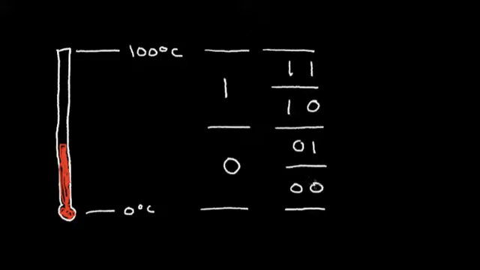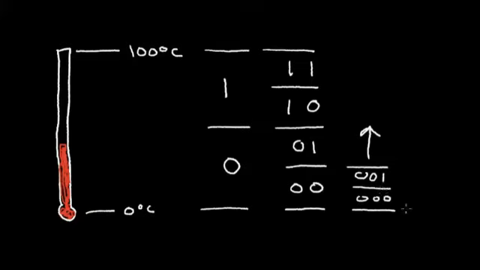So I've improved the accuracy of my thermometer, but it's still not very good. So I could add another bit of data. And every time I do that, I double the resolution of my thermometer. For example, this could be 3 zeros. This could be 1, 0, 0, and so on. So with 3 bits of data, I can have 8 different states.